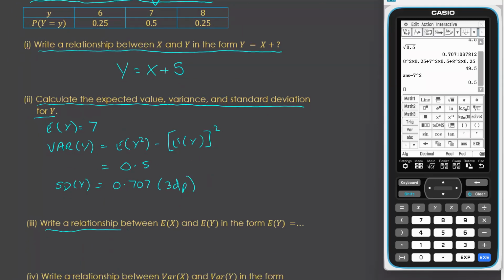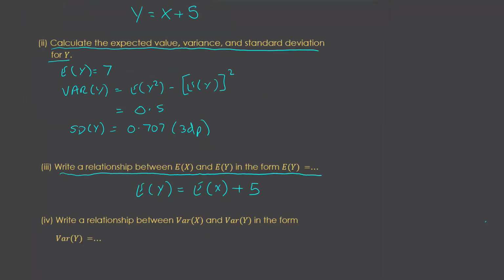Write a relationship between the expectation of x and expectation of y in the form expectation of y equals. Well, the expectation of y was 7, and that's equal to the expectation of x, which was 2, plus 5. Write a relationship between var x and var y in the form var y equals.